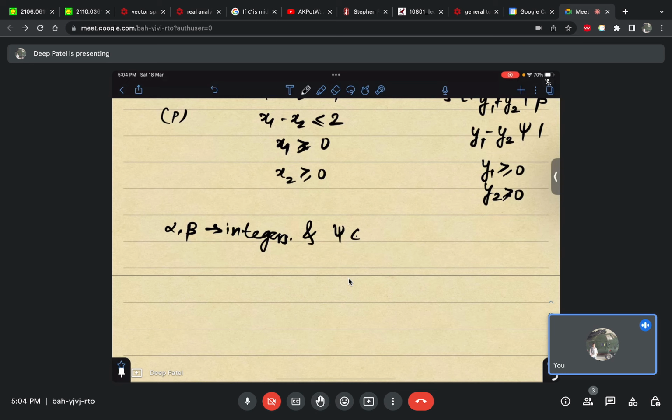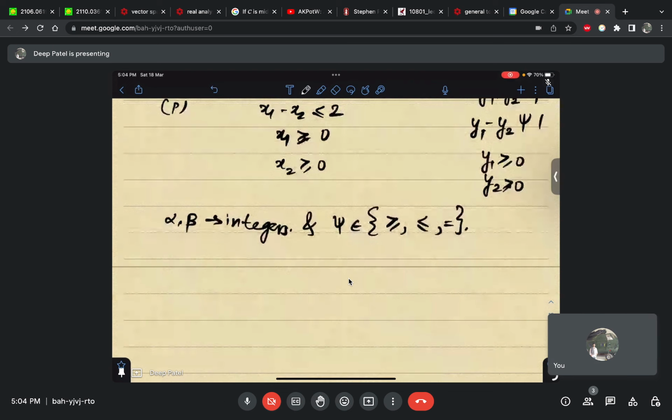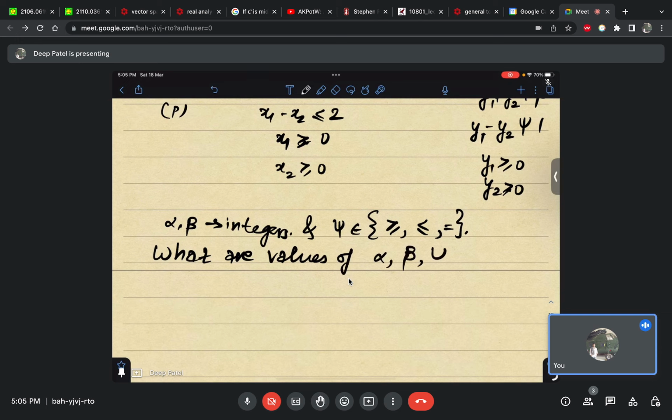And psi is basically one of these inequalities: greater than or equal to, less than or equal to, or equal to. The question is, what are the values of alpha, beta and psi?